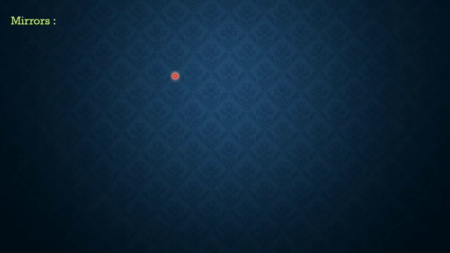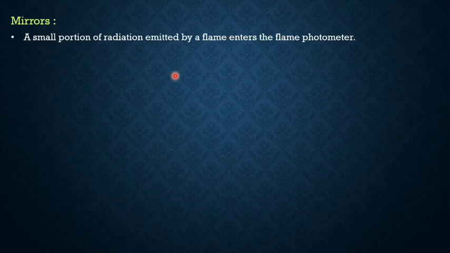The next component is the mirror. What is the role of the mirror in the flame photometer? A small portion of radiation emitted by the flame enters the flame photometer. Only a small portion which is emitted by the flame enters the flame photometer.